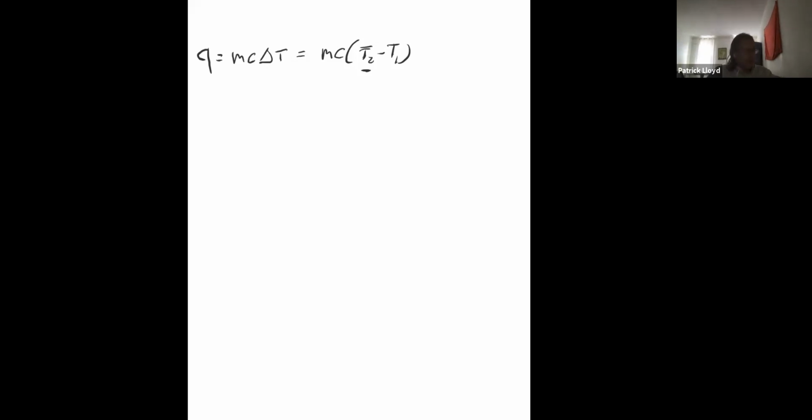First step could be to divide both sides. We don't need this middle part. But actually, why not? We could do that. Divide all three, right? We could divide everything by mc. Now m divided by m is 1, c divided by c is 1.